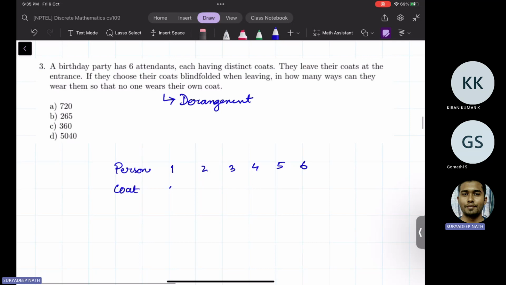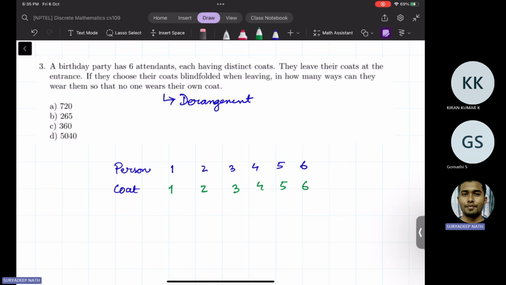So this is the correct coat, let me put it in green: correct, one, two, three, four, five, six. It means that person one is wearing the right one.